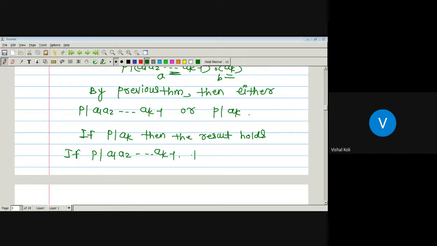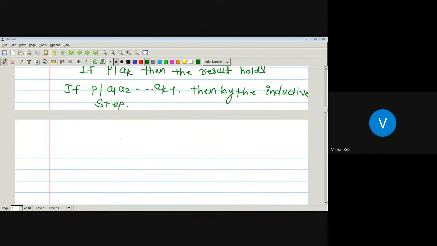Then by the inductive step, since we have assumed that the result is true for n equal to k minus 1, p must divide am for some m between 1 to k minus 1. So in that case also the result is true, by the inductive step.